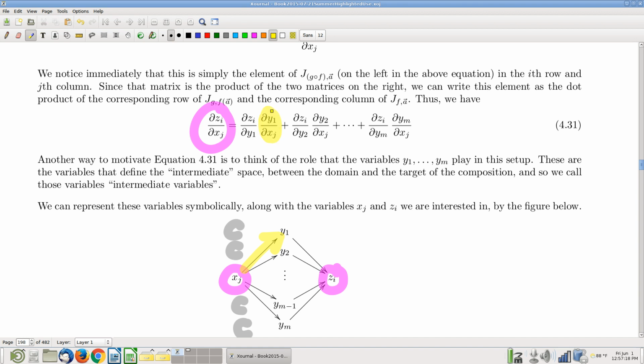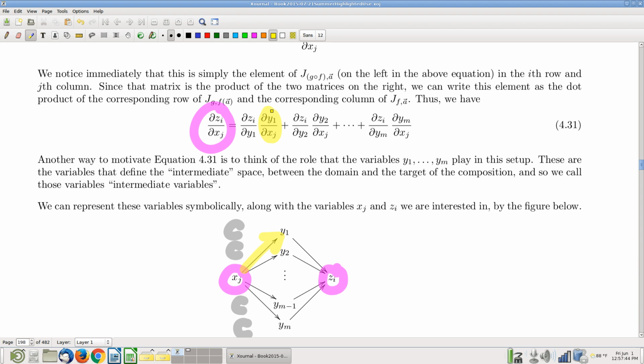Okay, so who cares? I don't really care how much y1 changes. I want to know when xj changes, how much does zi change? Well, we've seen that the xj change causes a y1 change, and furthermore, however much y1 changes, that's going to then cause zi to change, because zi is a function of, among other things, y1.